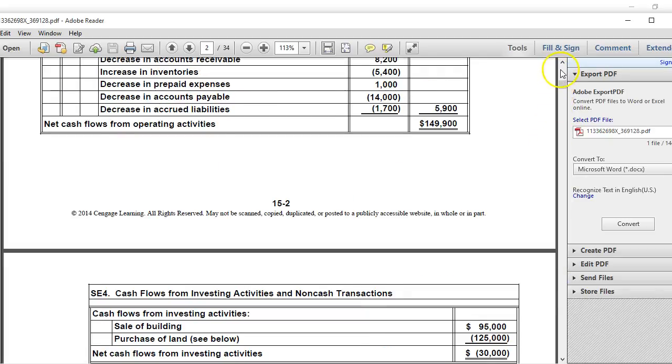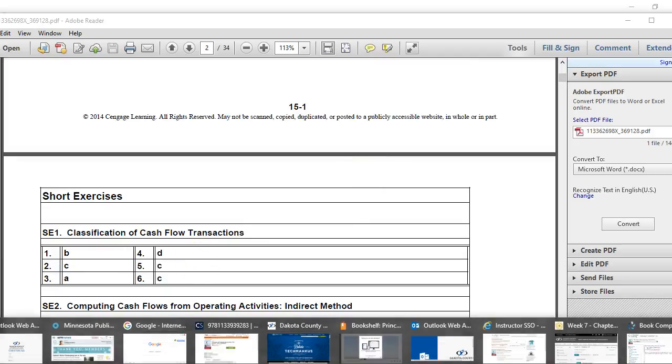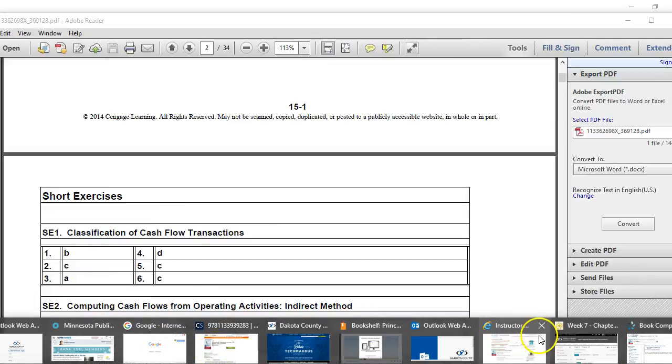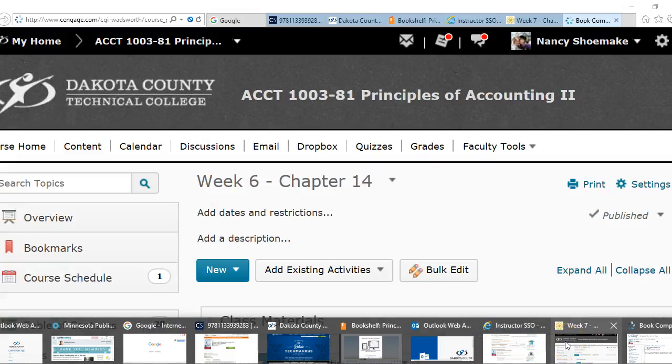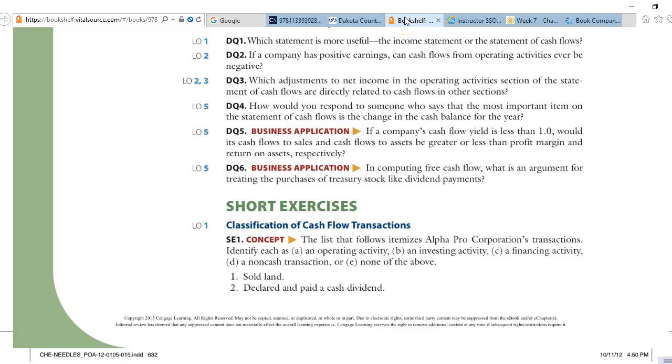Do you know what I'm saying? If it was part of the operations of a company, then it would be. Sold land would be more of an investing activity because generally they sell assets, or property, plant, and equipment. So sold land would be an investing activity.